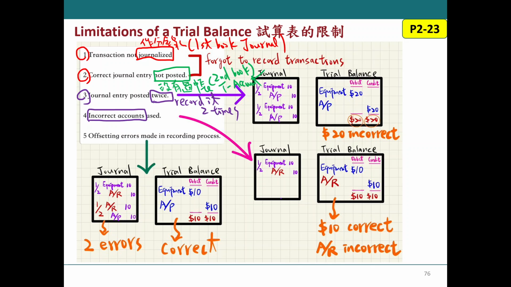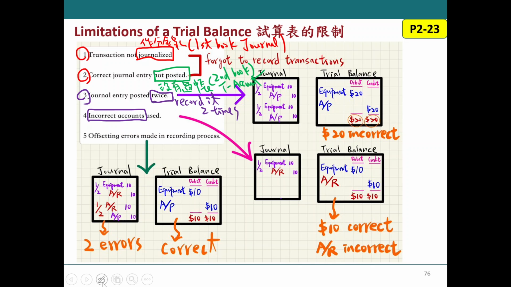Okay? So when you find a debit and credit, try to explain what happened. So for me, when I look at this case, I know something is wrong. So this account is not correct because it's quite weird. It's not a common case. Equipment increases, accounts receivable decreases. It's quite weird to have this kind of situation. Okay?